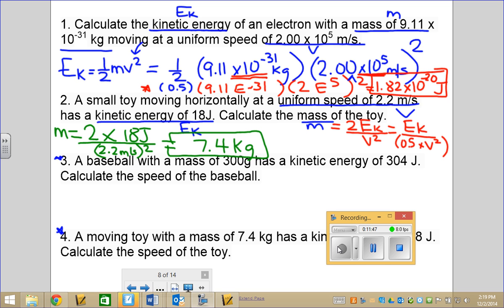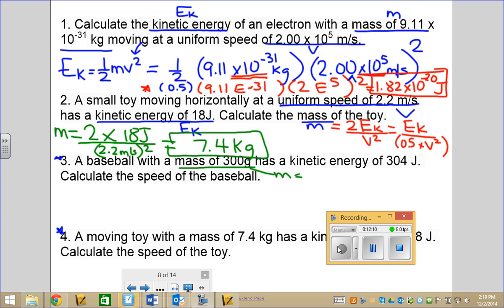So would anybody like to ask any calculator-related questions or formula-related questions so far? So the third and fourth examples will be done with the same calculation. The reason I put 2 of them is because this is the manipulation that people find the hardest. I have a mass.